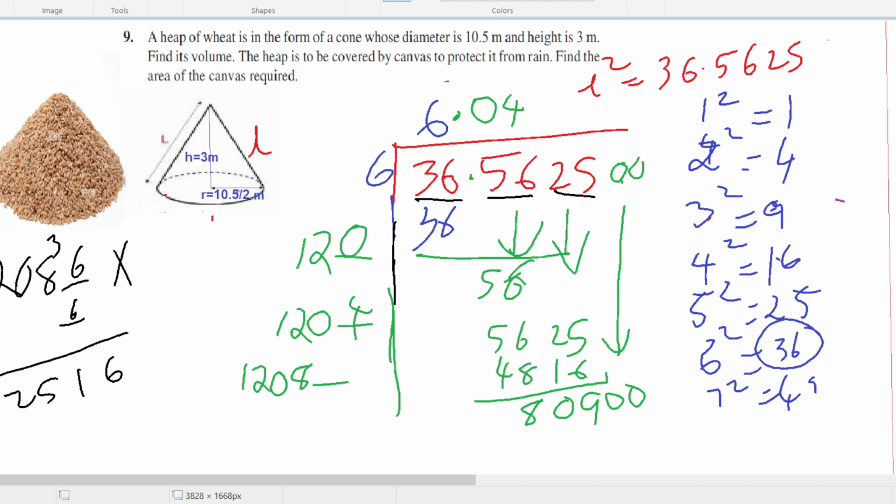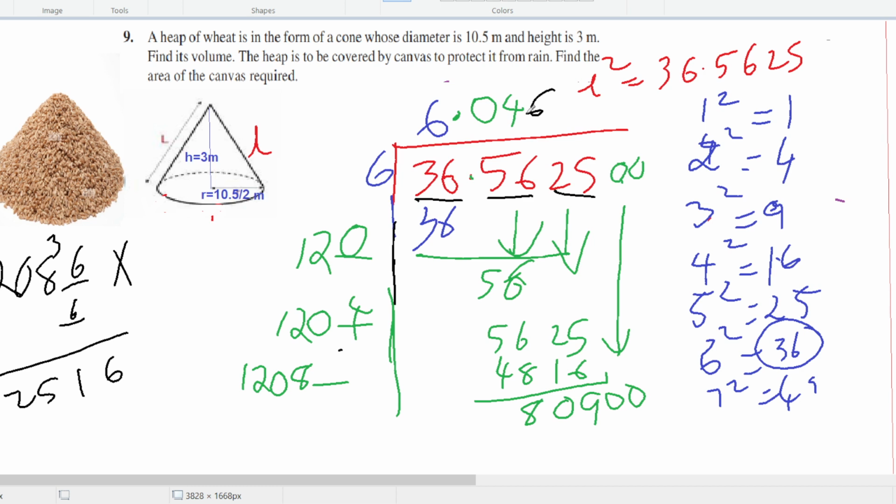Then we can try to confirm with 7 also. 1 2 0 8 7 into 7 we can try. 49, 4, 56 plus 4 60, then 14, then 8. It is exceeding, right? So we cannot choose 7. We have to choose a number which is less than that or equal to that. So we have to choose 6.